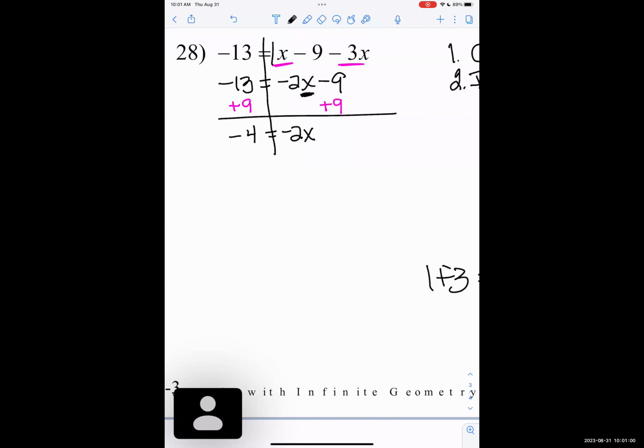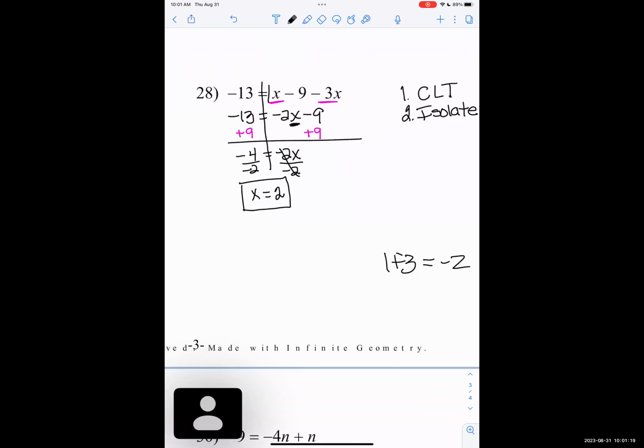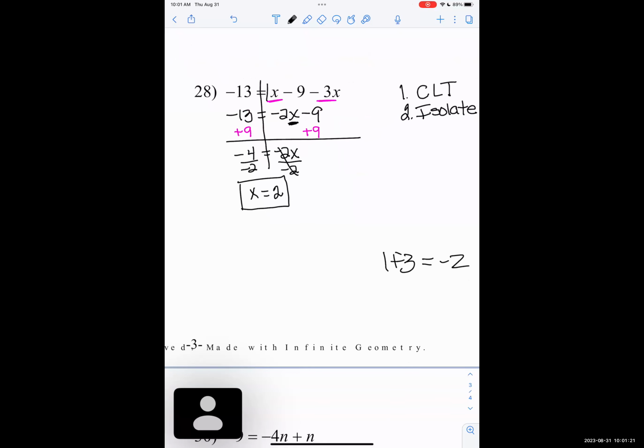That means the opposite of multiply is divide both sides by -2. I like to lead with my variable: x is equal to 2. Good job. Correct. Yeah, we combine like terms and then we start isolating the variable.